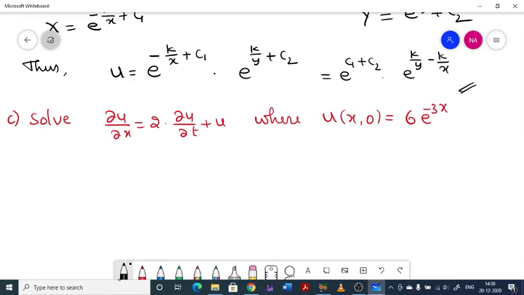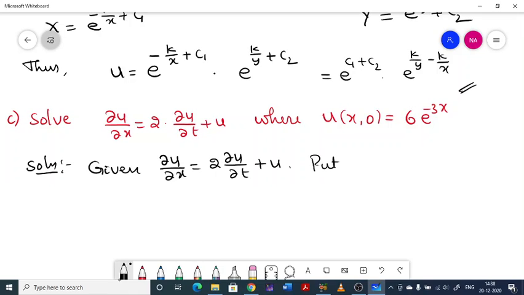Solution: given dou u by dou x equal to 2 into dou u by dou t plus u. Here u is a function in x and t, so I have to put small u equal to capital X into capital T, where capital X is a function in small x and capital T is a function in small t.